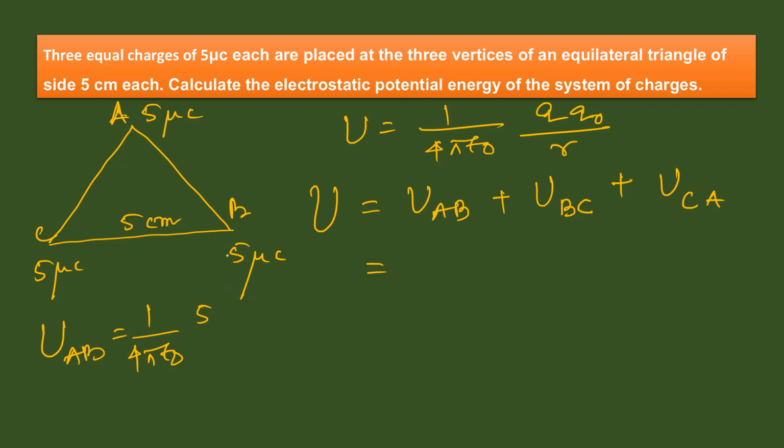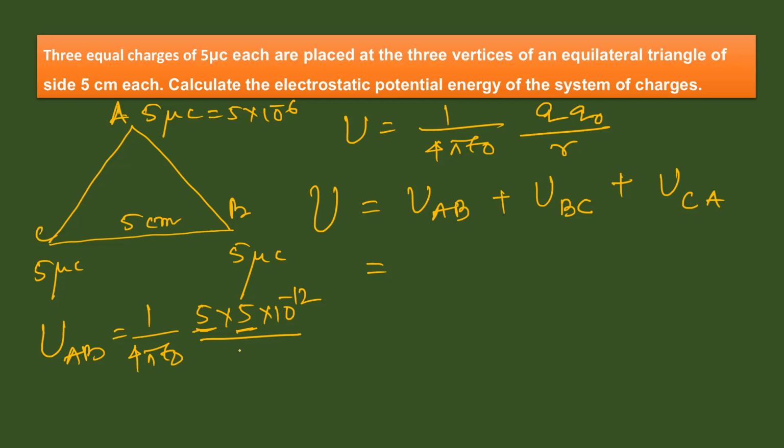What do you mean by 5 microcoulomb? 5 microcoulomb means 5 into 10 to the power of minus 6. So it is 5 into 5. There are two 10 to the power minus 6, so I'm directly writing 10 to the power minus 12. For this 5, I will get 10 to the power minus 6, for this 5, I will get another 10 to the power minus 6. So I'm writing 10 to the power minus 12.